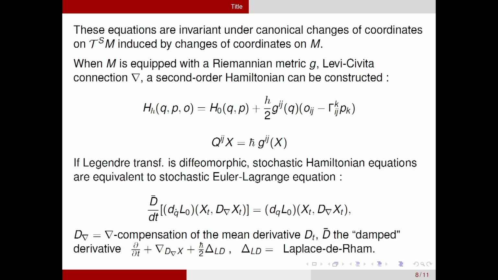It is the Christoffel symbol, actually. Here you have to compute a derivative, and it has been defined. It is called the damped derivative. It has been called like this by stochastic analysts.